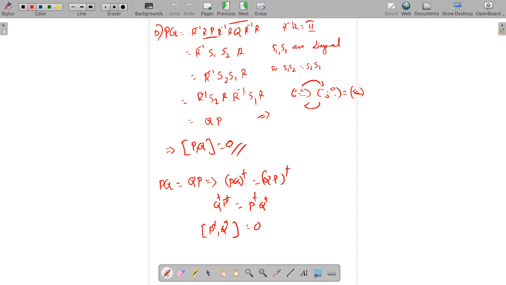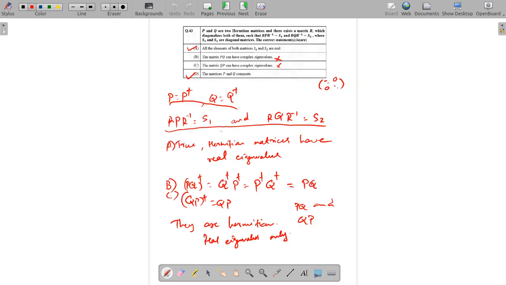They commute. So if S1 and S2 are diagonal, that means P and Q also commute, and P and Q commuting means P†Q† also commute, and using all that we can basically solve this problem.